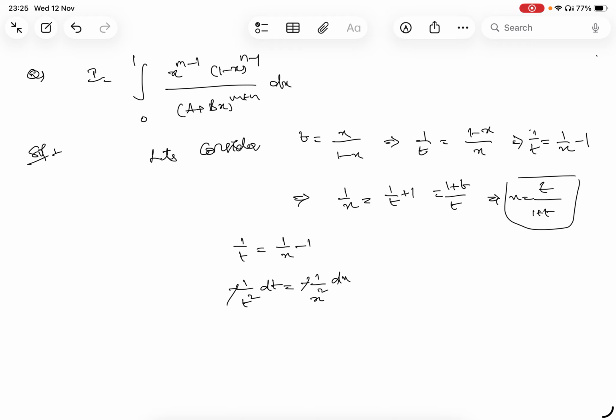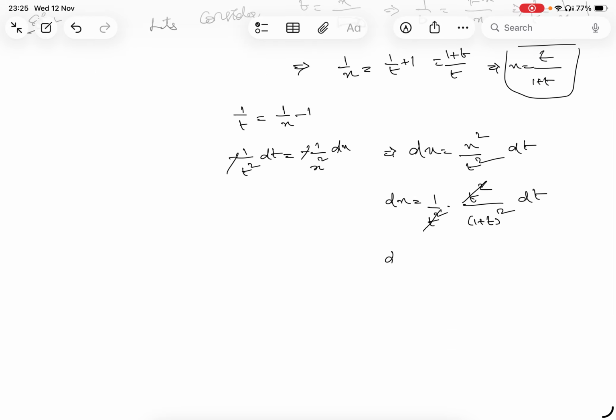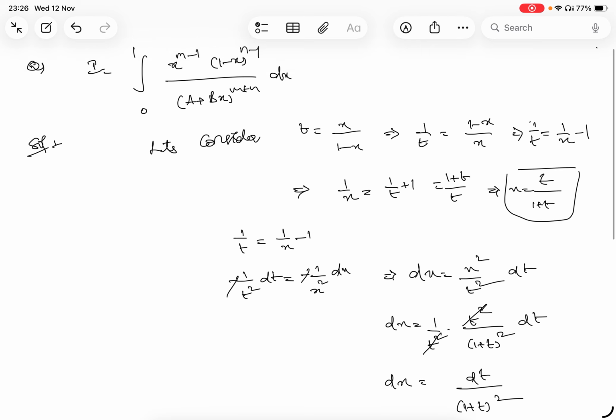Then dx is x square by t square into dt. But we know what x square is. So dx is 1 by t square into x square value, t square by (1 + t) whole square, dt, right? So t square will get cancelled, and you will get dx equal to dt by (1 + t) whole square. Fine.